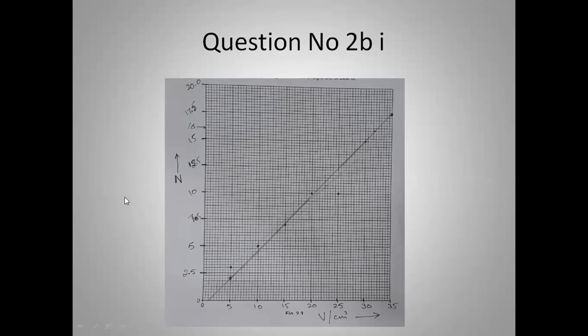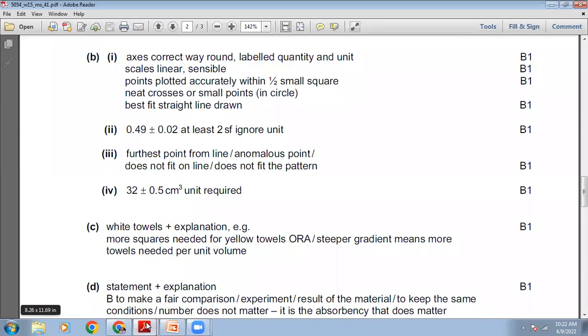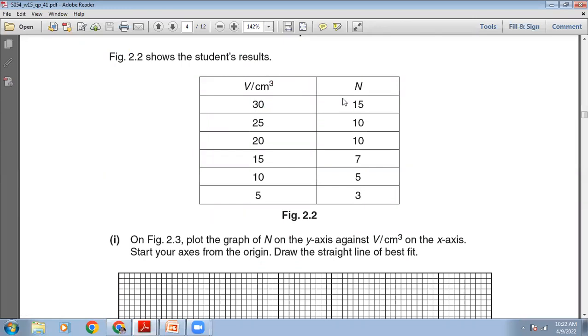So we have to plot, and let me show you that table. At 30 we will put a dot at 15, at 25 a dot at 10, at 20 a dot at 10, at 15 a dot at 7, and this is the x value, this is the y value: 10 comma 5, 5 comma 3.